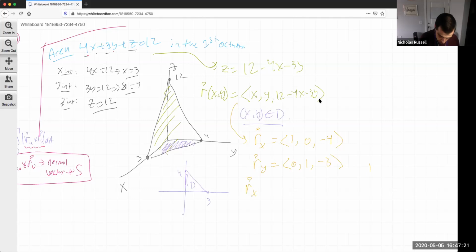And so what we do is Rx cross Ry, which again is the normal vector to my surface, which is a plane. What should we expect the normal vector to be? Think about that. Let's see if we're right. i, j, k; 1, 0, -4; 0, 1, -3. The i component is going to be 0 times -3 minus -4 times 1, which is going to be 4.